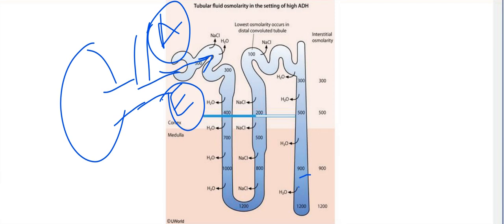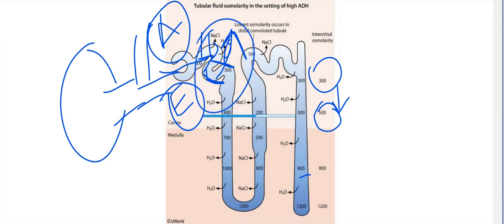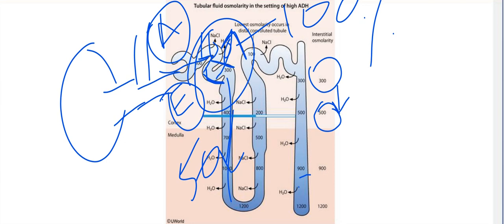When the urea enters here it is almost 100%. But we should know that the proximal convoluted tubule, this part, is permeable to urea, so that causes its reabsorption here. When it is reabsorbed here, that increases the osmolality from 300 to 500. So if in the proximal convoluted tubule it is 100%, after reabsorption it comes here and remains only 50%.